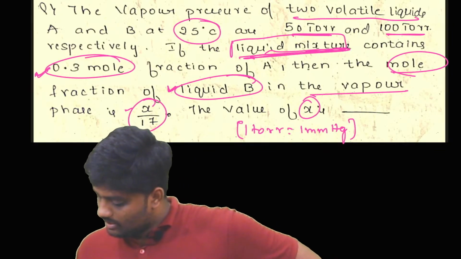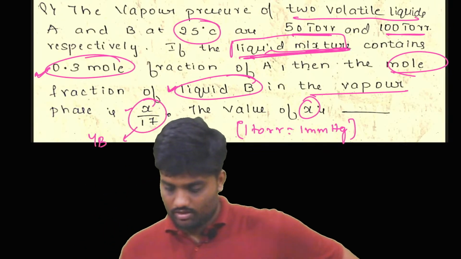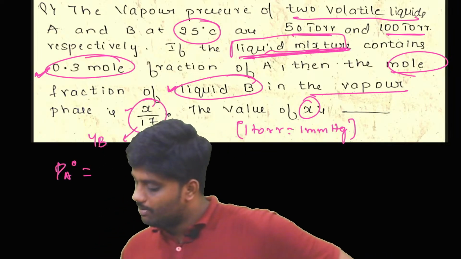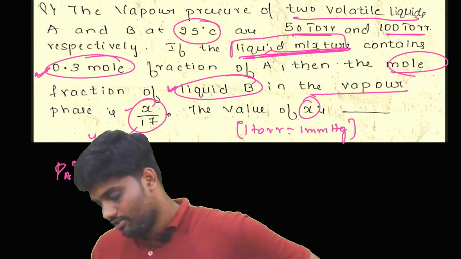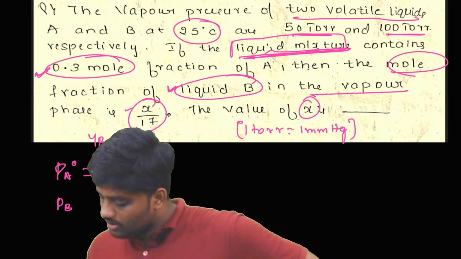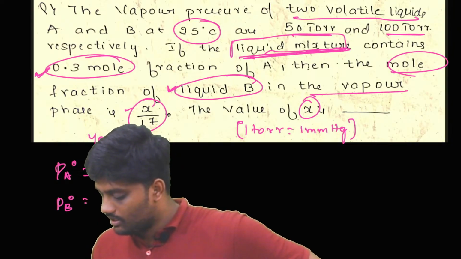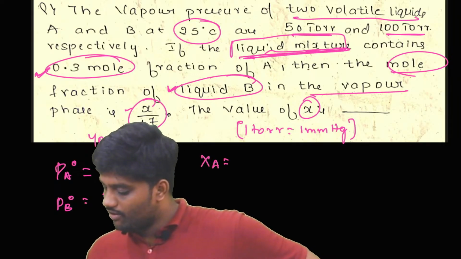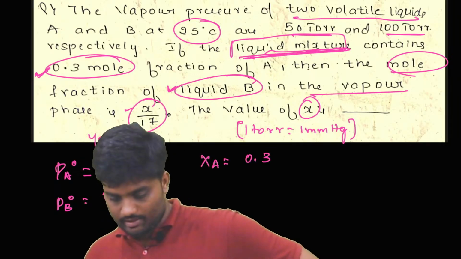It is very simple. In the vapor phase it is yB. They have given PA naught equal to 50 torr, PB naught equal to 100 torr. Next, the mole fraction of A in the liquid, they have given as 0.3.